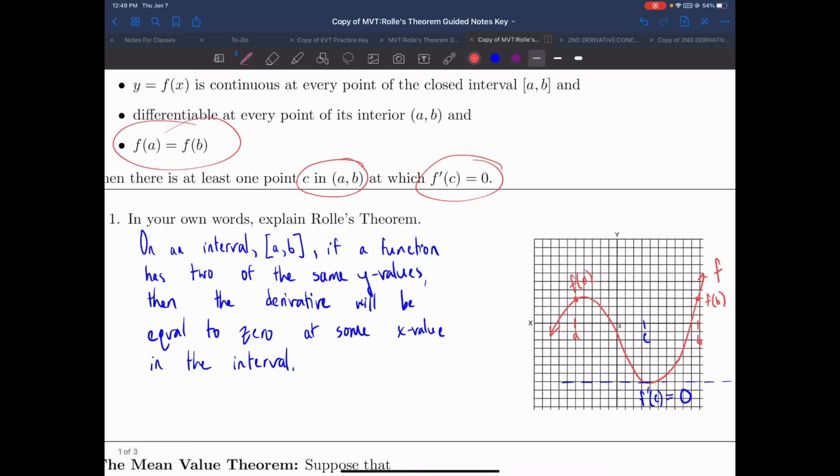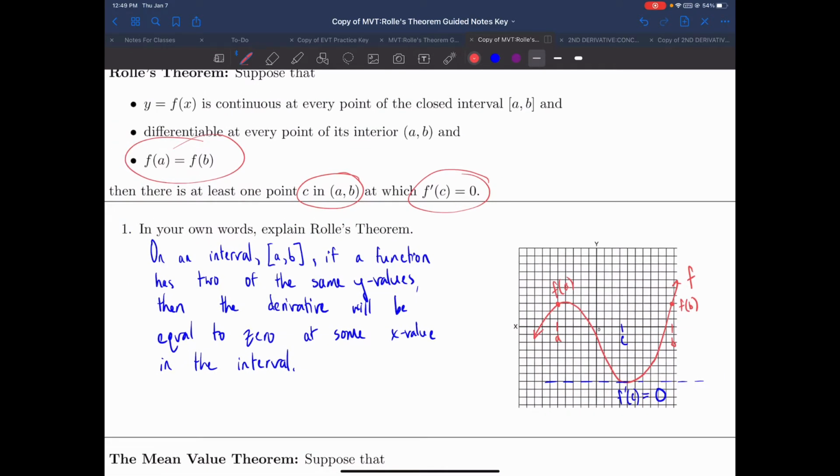Right next to it, I sketched some function f. In my translation of the theorem, it says if a function has two of the same y values, you can see that f of a is at 3 and f of b is at 3. So f of a equals f of b.